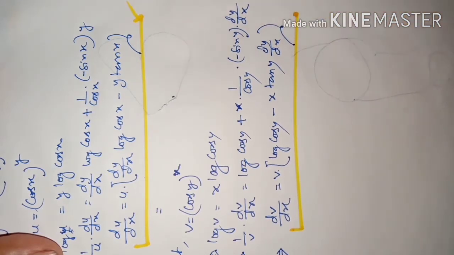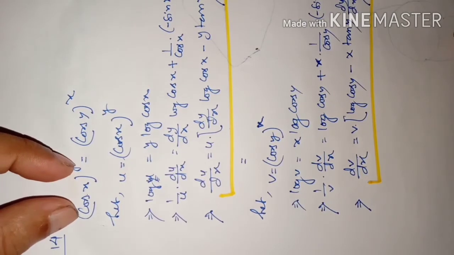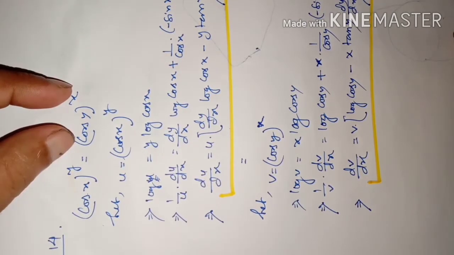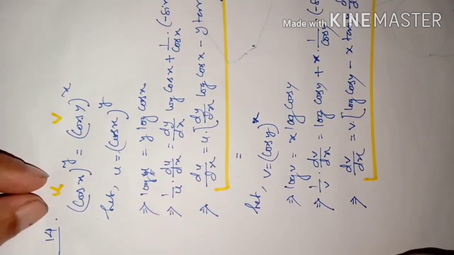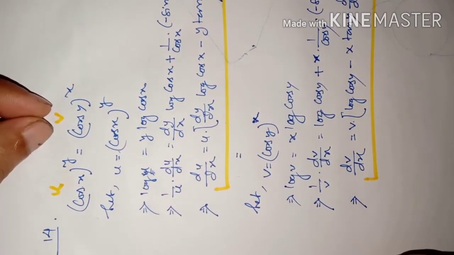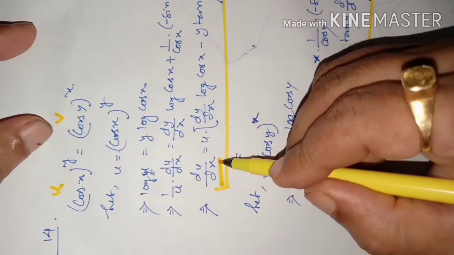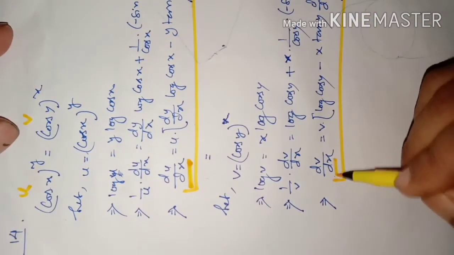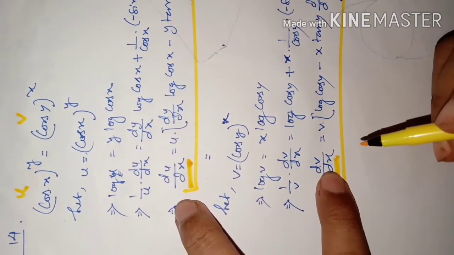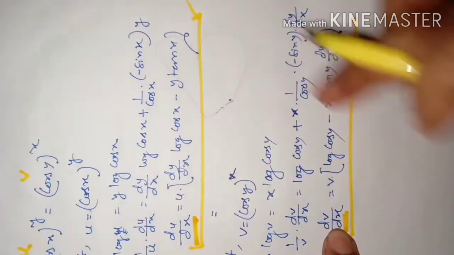Students, you understood? Now what you will do, because both are equal, you see this u equal to v, so we have considered this part as u and this part as v, then du by dx equals dv by dx. So since it is du by dx and it is dv by dx, we can write them as equal. So these two are equal means the right hand sides are equal.